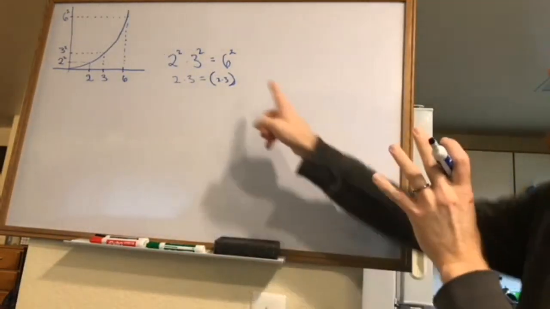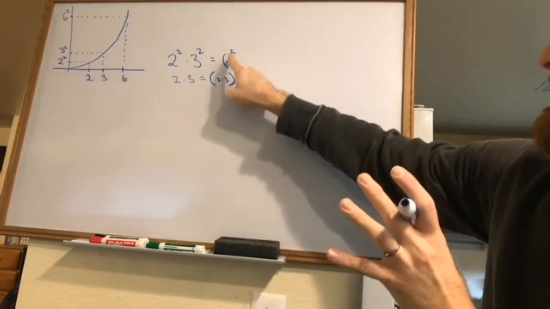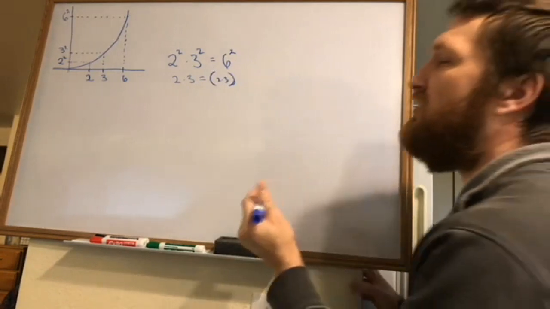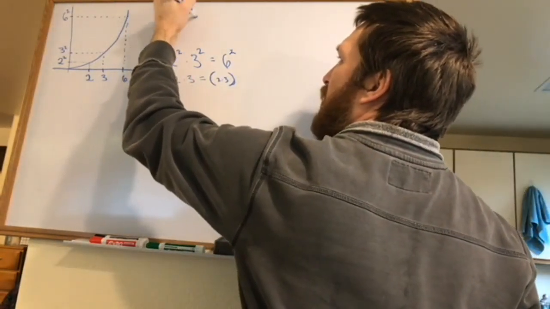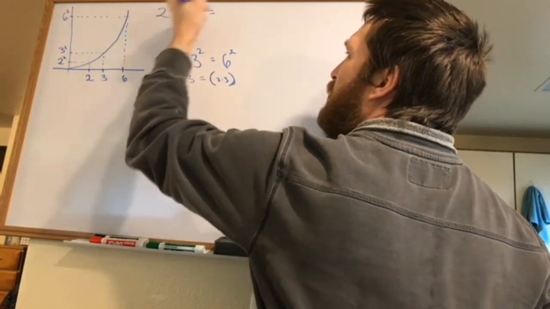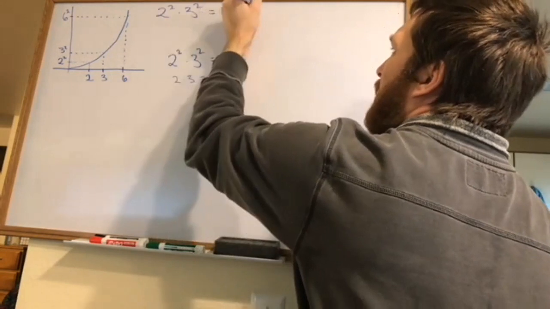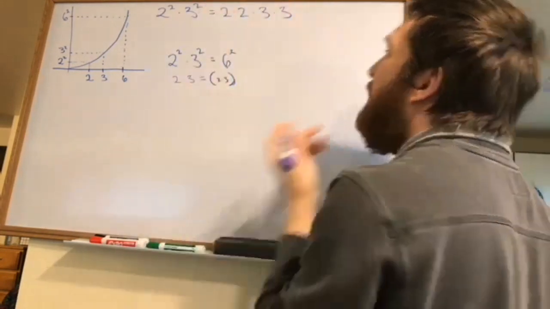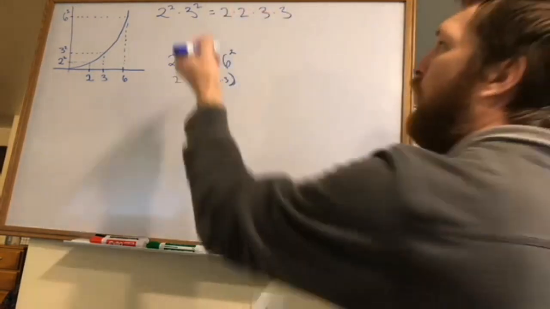And you can kind of see why this has to be the case if you look at 6 as 2 times 3, squared. Because let's look at this whole equation. We have 2 squared times 3 squared. 2 squared is 2 times 2. 3 squared is 3 times 3. The cool thing is I could do multiplication in any order that I want.